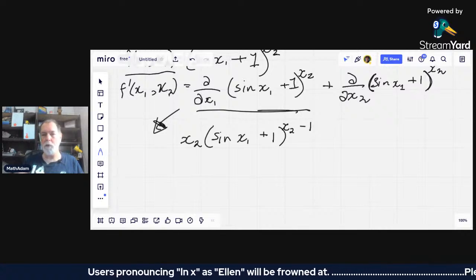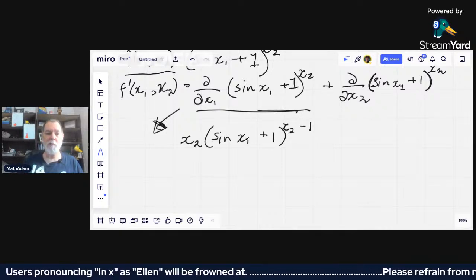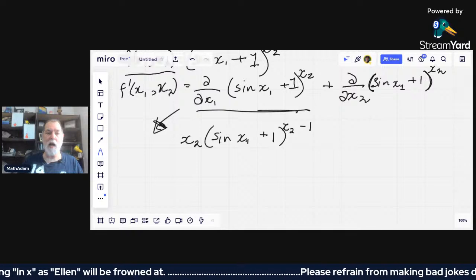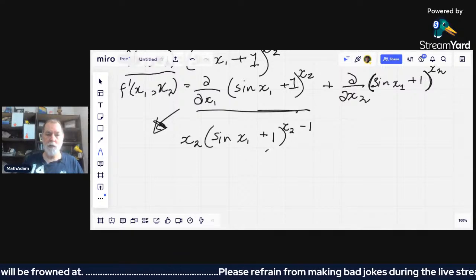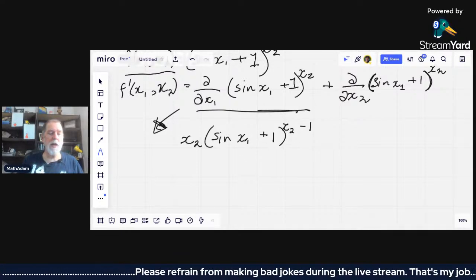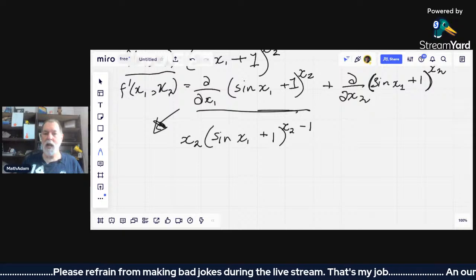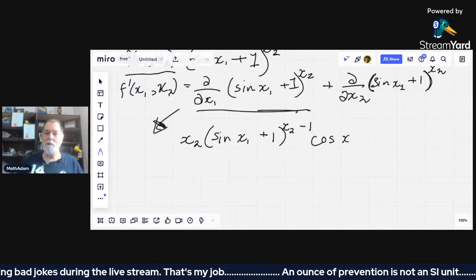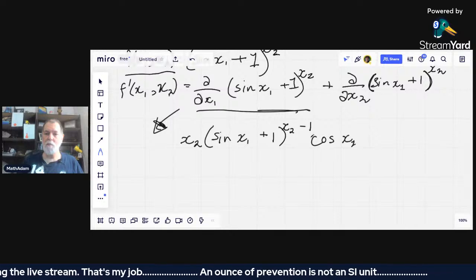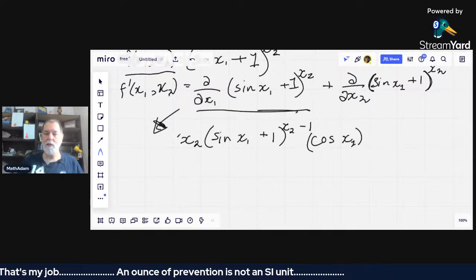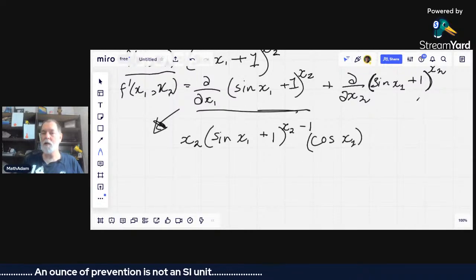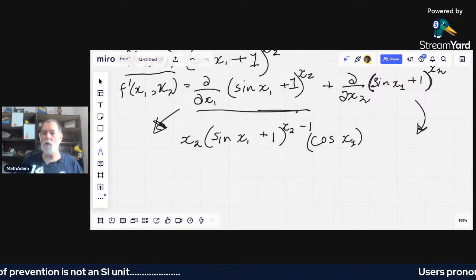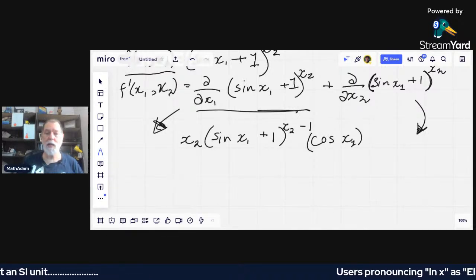It could be 4 or 3 or n, but we're differentiating with respect to x1, so now we need to use the chain rule and differentiate what's inside here, and we get the cosine of x sub 1. Okay, that part of the partial is done.